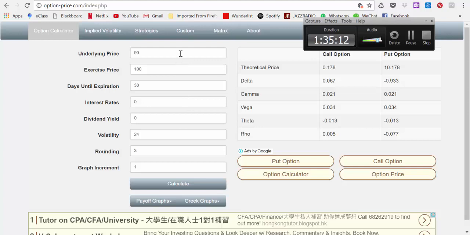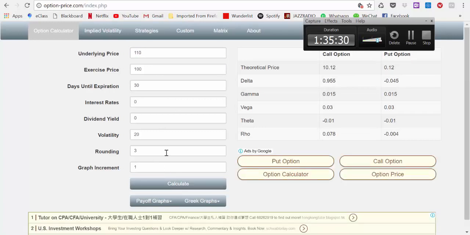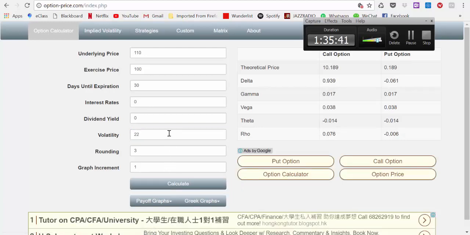And to show you, well, actually, if you look at the put here, it's in the money, but let's stick to the call. So now it's 110. I'll change this back to 20. So 110, hit calculate. Vega is very small, but if I change the vol now, the Vega is 0.03, it will change. It's not changing a lot, but it is changing, that's the point, okay? 24, it's doing something.